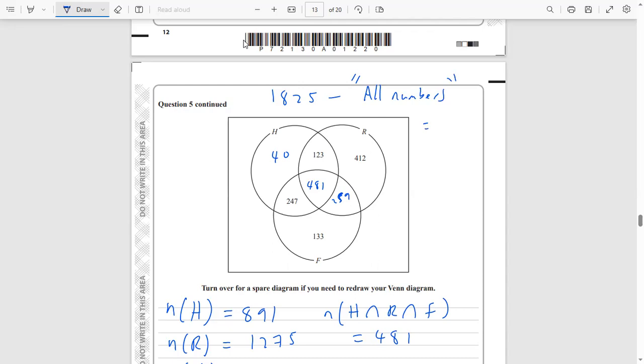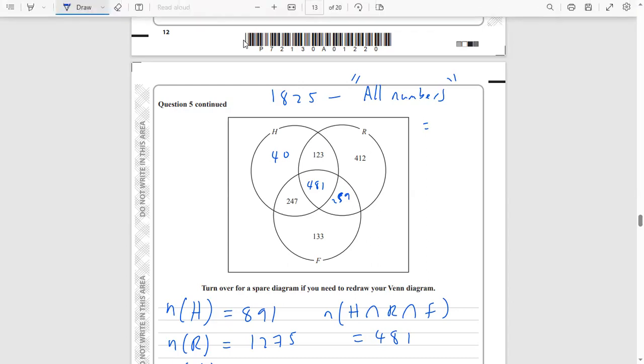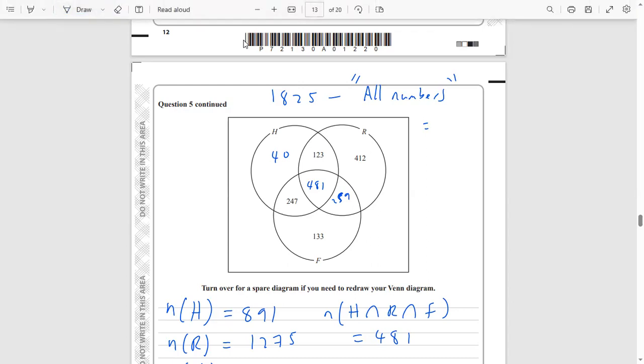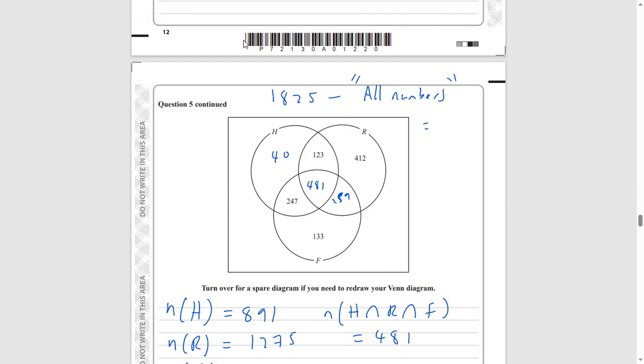So 1,825 take away 40, 123, 412, 481. Let me get my cursor to show you what I mean. So this number, take away 40, take away 123, take away 481, take away 247, take away 133, take away 259, take away 412, and that will give us the answer. I'm just going to do this on the calculator now.